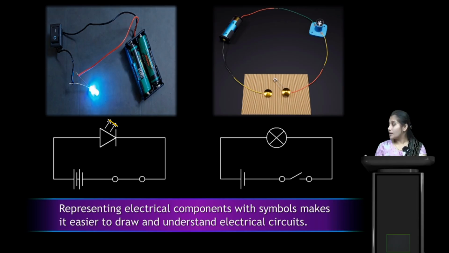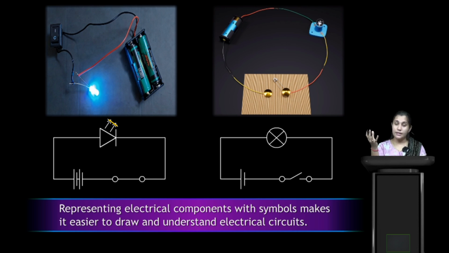So representing electrical components with symbols makes it easier to draw and understand electrical circuits. Means by representing those electrical components with the help of the symbols, it makes it easier for us to draw and understand the circuit. See, here we have used the symbols for the electrical components. Electrical components means which one?